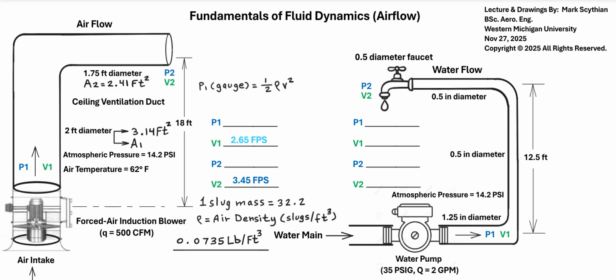So we simply divide the pounds per cubic foot air density value by 32.2, and this yields 0.00228 slugs per cubic foot air density at 14.2 psi atmospheric pressure and 62 degrees Fahrenheit. So we keep that away for the rho value.